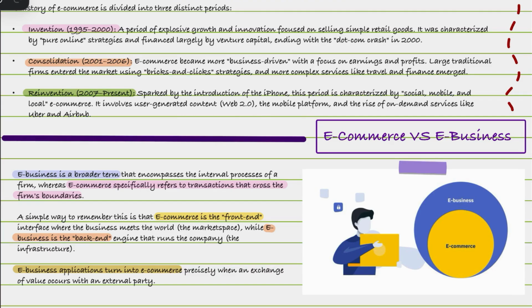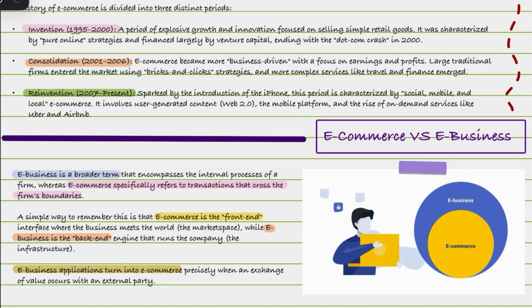So it is the exact point where the internal engine crosses the company boundary, to shake hands with the outside world. So we are coming out of the company walls where e-business exists, and we are going out to the social world. And we are exchanging money for goods.